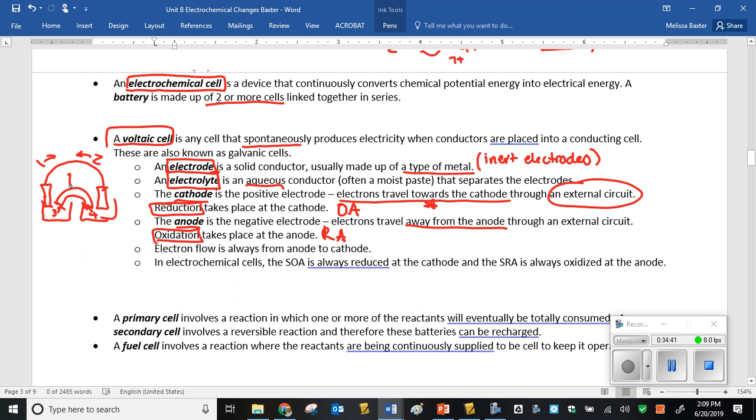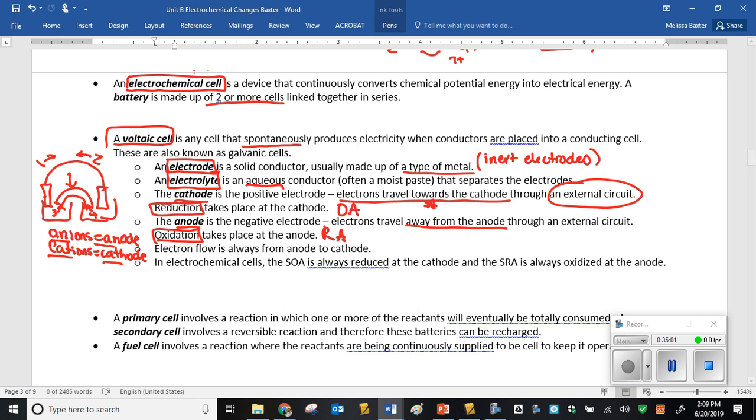So when we're in our salt bridge or our porous barrier, or whatever's happening up here, anions always go to the anode and cations go to the cathode. So look at the beginnings of the word, and that'll tell you where they go.